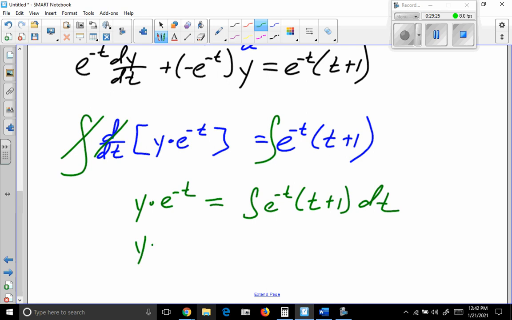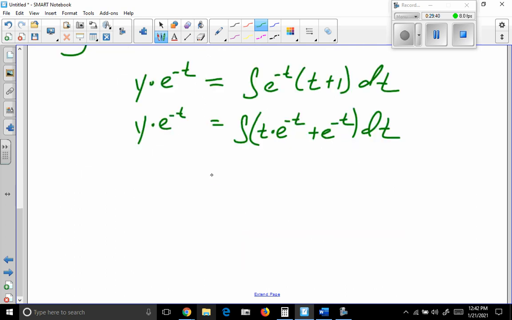If you want, you can multiply that out, and we can call that the integral of t e to the negative t plus e to the negative t dt. We have two terms, so we would integrate those separately. We would integrate t e to the negative t, and then we would integrate e to the negative t dt.